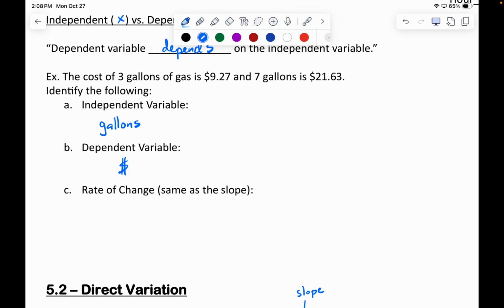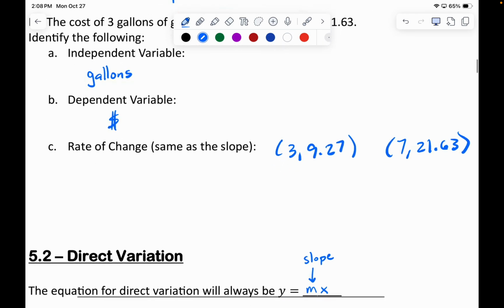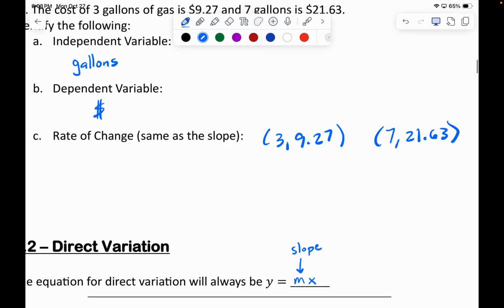What if we thought of this like this, guys? 3 gallons cost $9.27. 7 gallons cost $21.63. What if I thought of those things as points on a graph? Now do we know what we could do? The thing we just did, yeah, just use the slope formula.